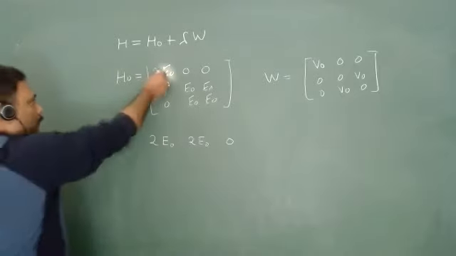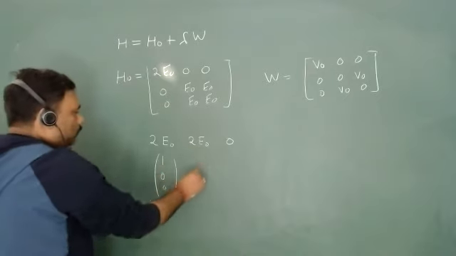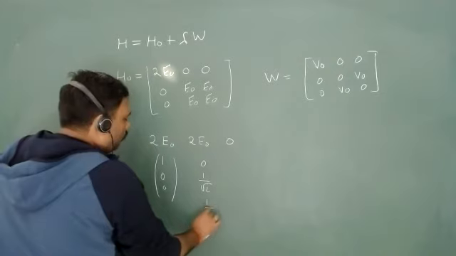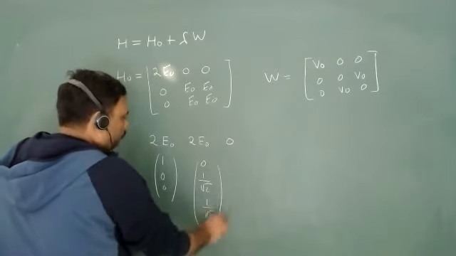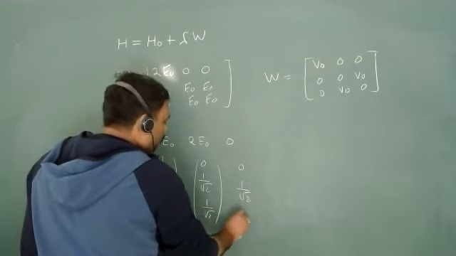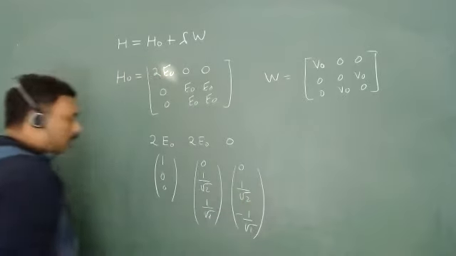What is the eigenvector? For this one, I can write 1 0 0. For this one, I can write 0, 1 by root 2, 1 by root 2. And for this one, I can write 0, 1 by root 2, minus 1 by root 2. Okay.